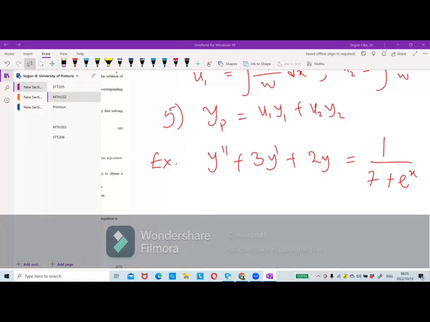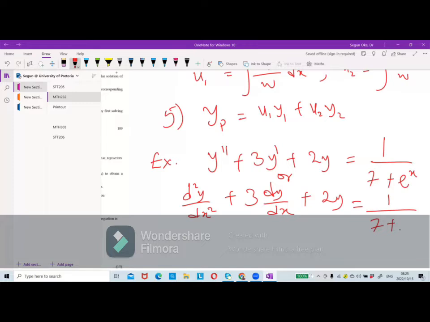This question also can come in this form, you have to be smart about it: d squared y over dx squared, plus 3 dy dx plus 2y. It's still the same thing. All we need to do is to be carried along that, oh, we are still talking about a second derivative. So now let's move on.